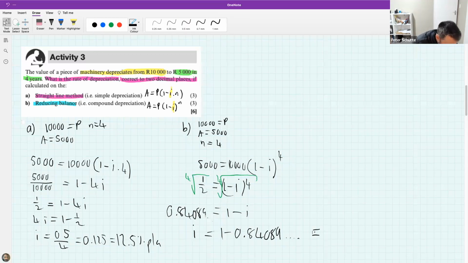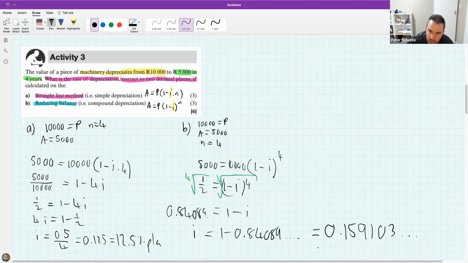And what I get in my calculator is 0.159103 and so on, which as a percentage is 15.91%. And that's going to be per year, or per annum, depreciation.